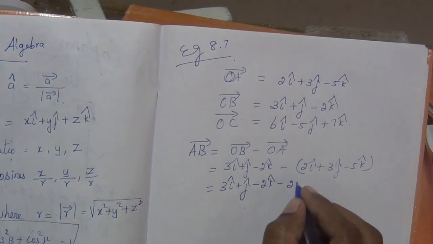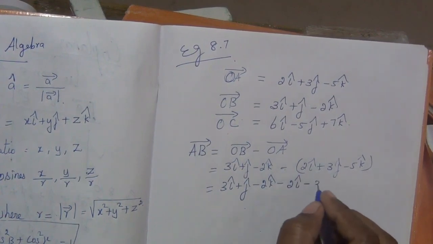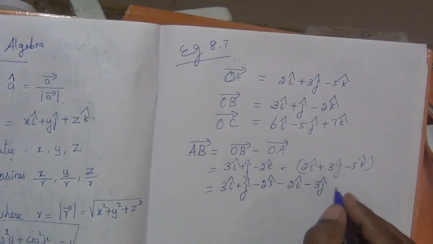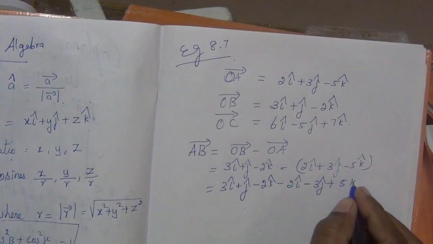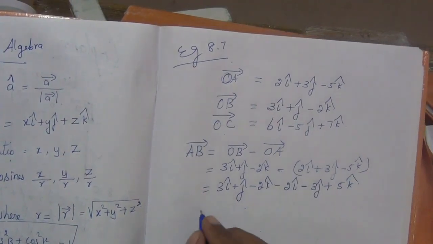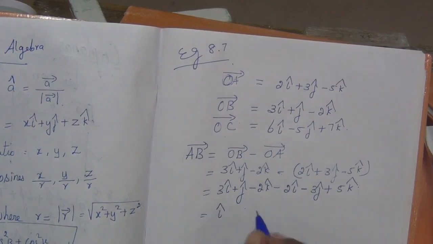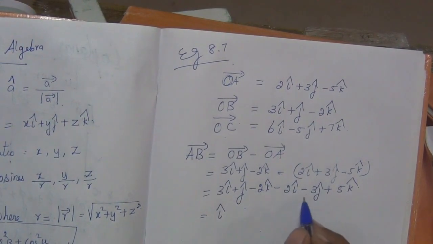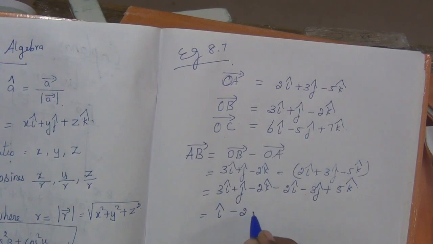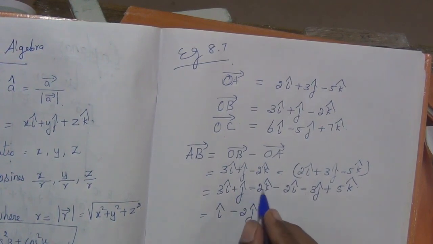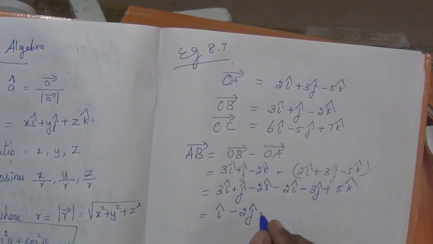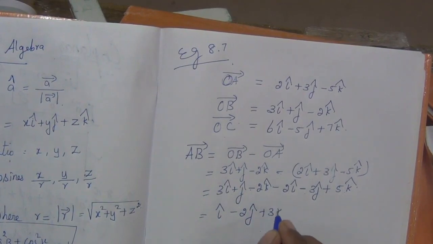So minus 2i cap, minus into plus is minus 3j cap, minus into minus is plus 5k cap. So we get 3i cap minus 2i cap is i cap, j cap minus 3j cap is minus 2j cap, minus 2k cap plus 5k cap is plus 3k cap.